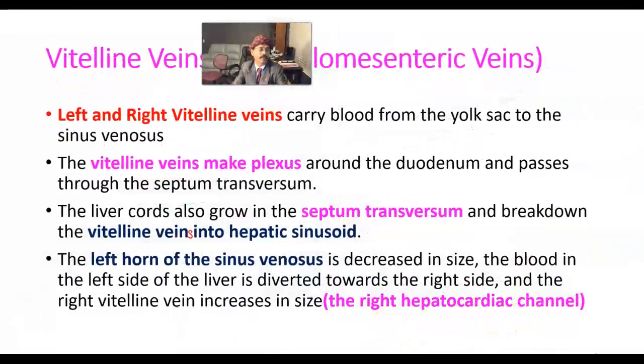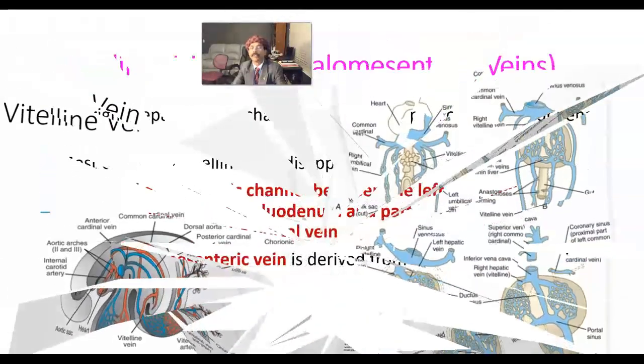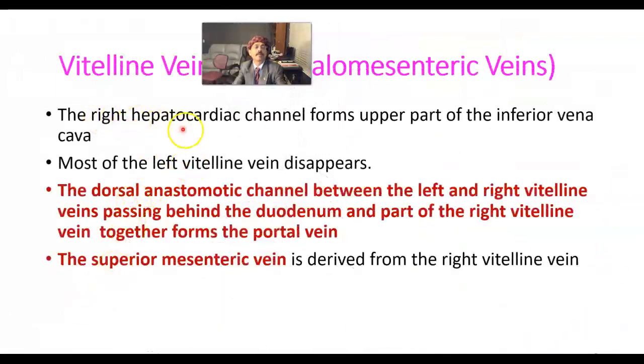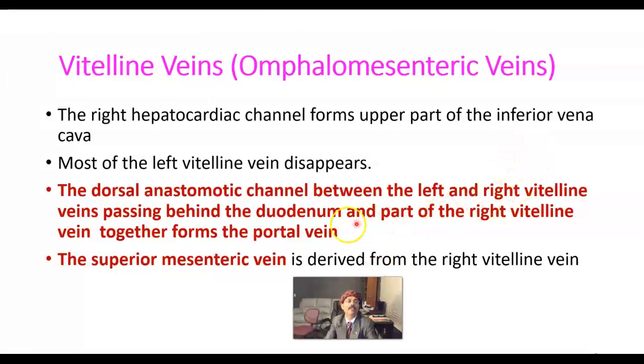From this part we get the inferior vena cava like this. The right hepatocardiac channel forms the upper part of the inferior vena cava.